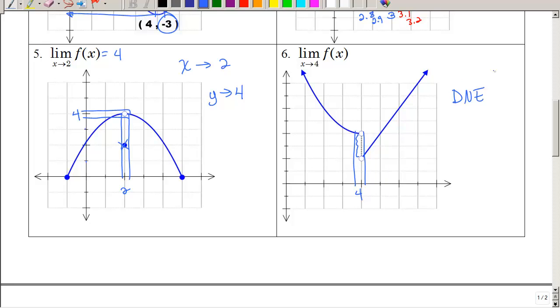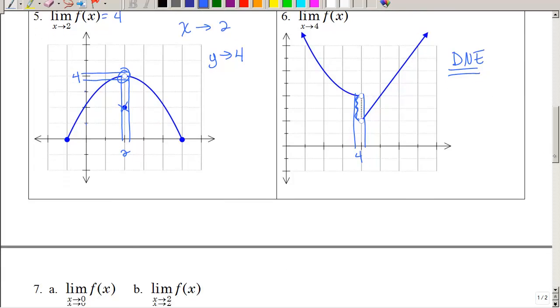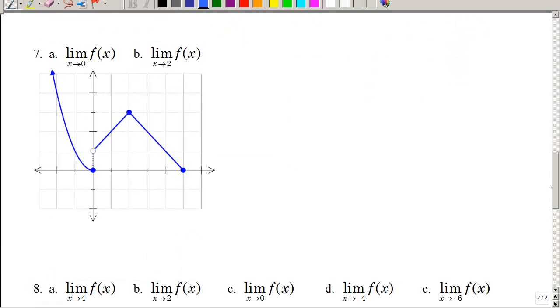So it's all about continuity. If the graph has no holes or leaps, very easy limits. If it has one hole, we have to think about that. If it has a mismatch, we have no limit. All right, let's look at number 7. We have the same graph, 2 questions. So part A, as x approaches 0, what does y approach?